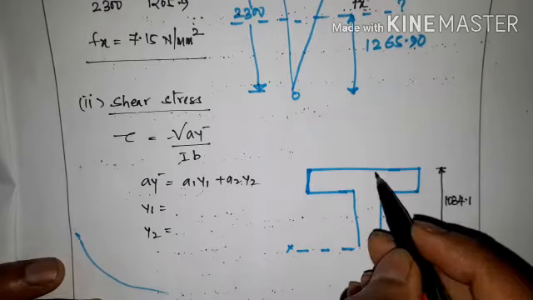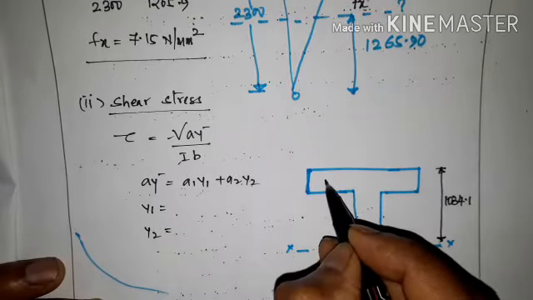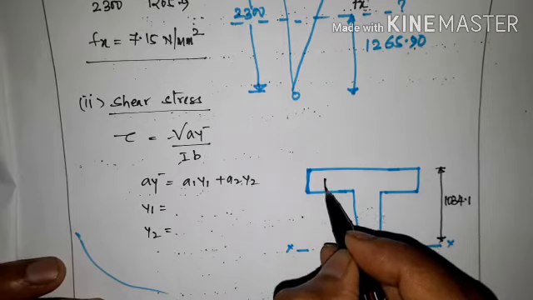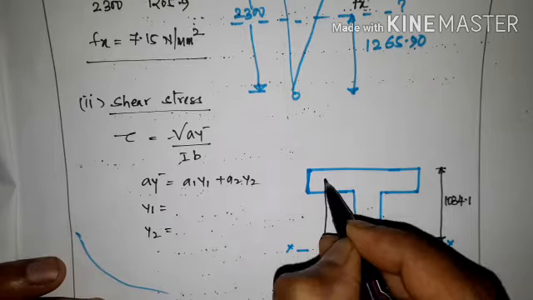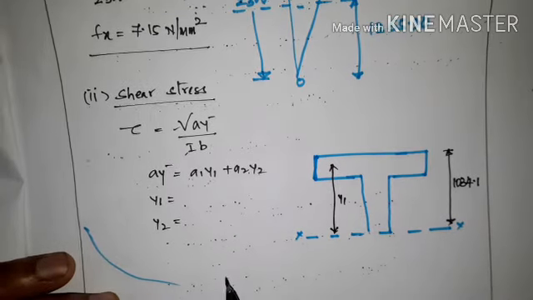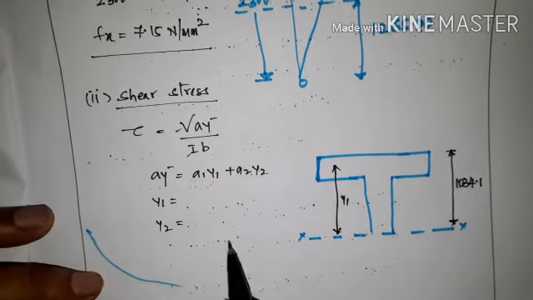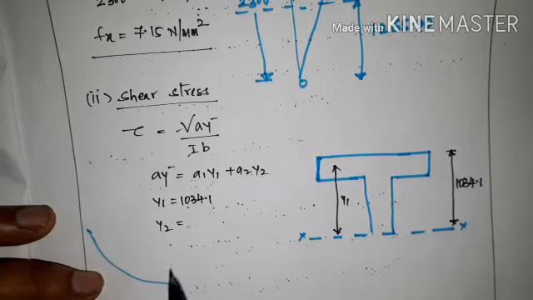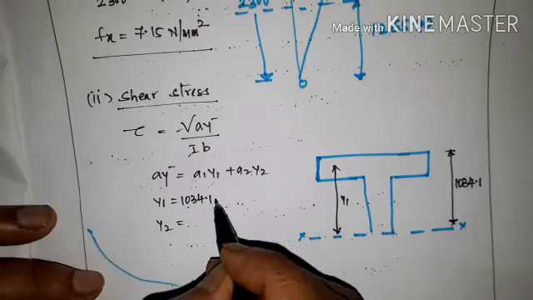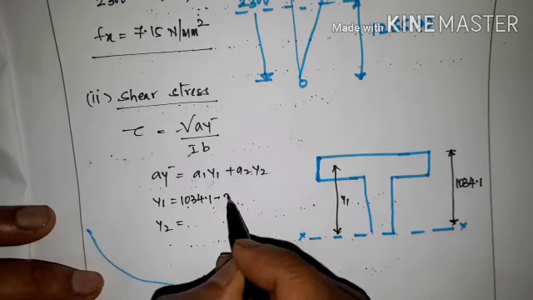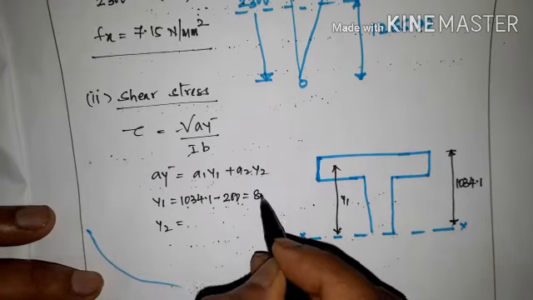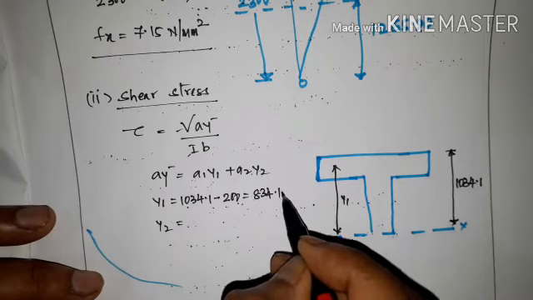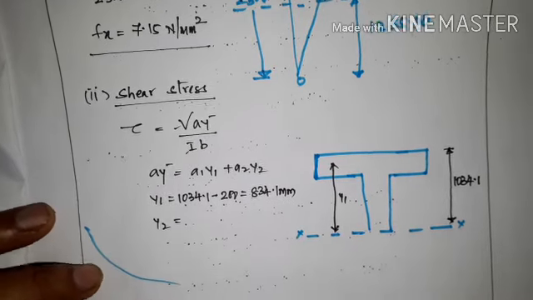So y1 is nothing but the center of the flange. Y1 is 1034.1 minus 200, so that is 834.1 mm.